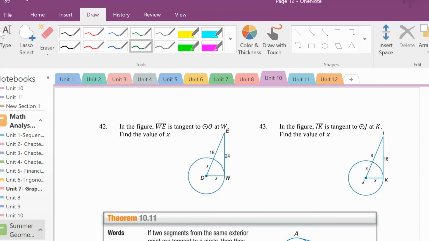All right, so next it says in the figure WE is tangent to circle O at W, find the value of X. So it tells you it's tangent, so that means this is a right triangle. And then we can do the Pythagorean theorem, so X squared plus, now this side here is 16 plus X, or X plus 16 squared equals 24 squared.